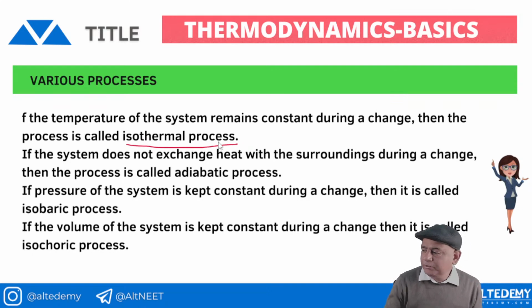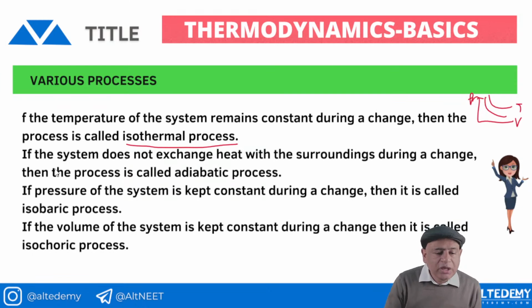If in the entire process the temperature remains constant, like in Boyle's law, where we looked at pressure and volume. We drew the graph of pressure and volume, and on these lines the temperature was constant. So this was basically an isothermal process. Iso means equal, thermal is temperature.